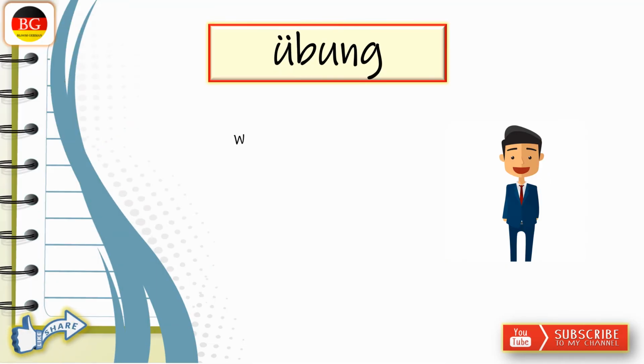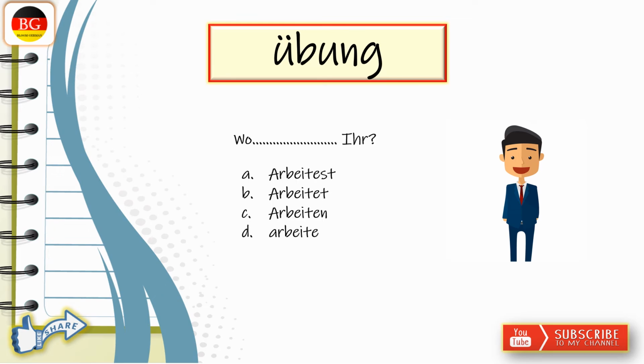One more example. Wo dash dash dash. Here the options are arbeitest, arbeitet, arbeiten, arbeite. Welche Option ist hier richtig? Yes, you all are correct: arbeitet. Now how does arbeitet come? This is our second exceptional rule. Arbeiten is the root verb.